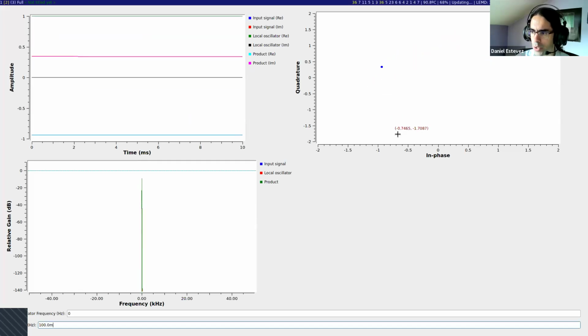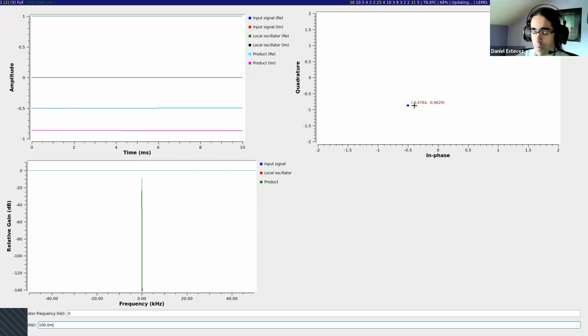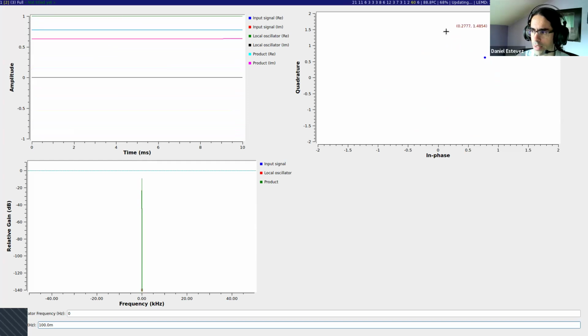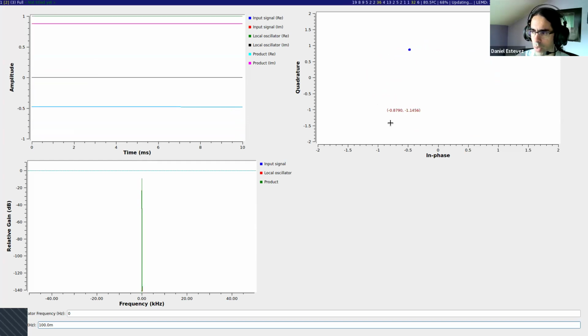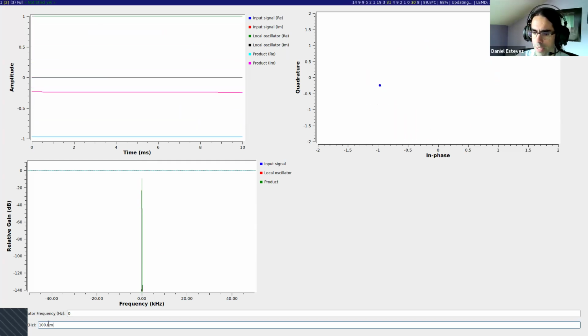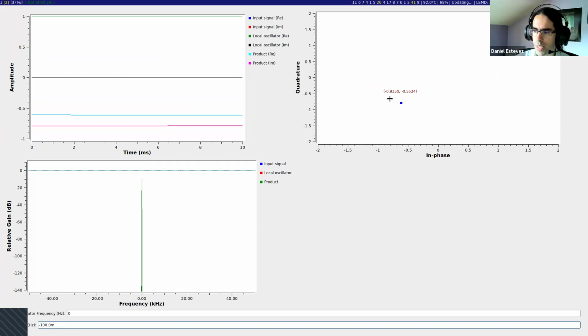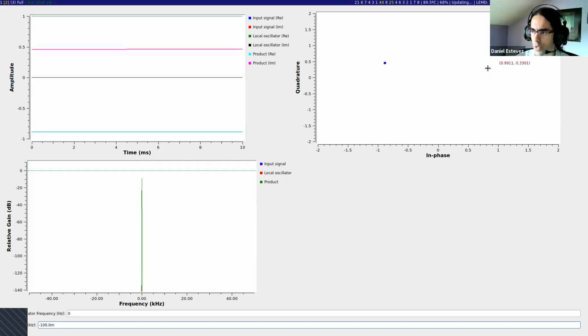So when we look at positive frequencies on the complex plane, they rotate in a counterclockwise direction. If I change to a negative frequency, then we see that it begins to rotate clockwise.